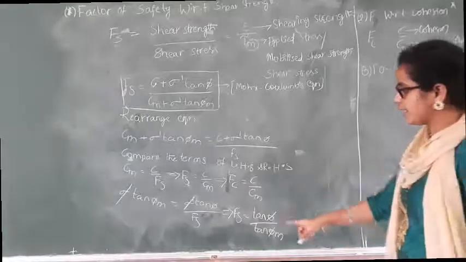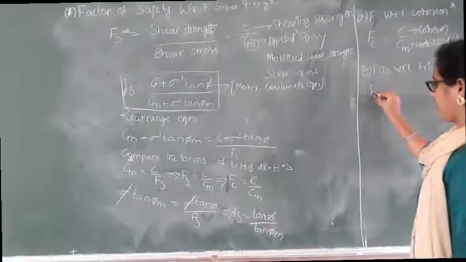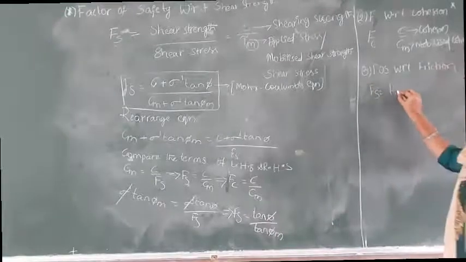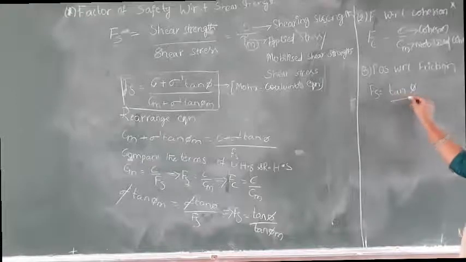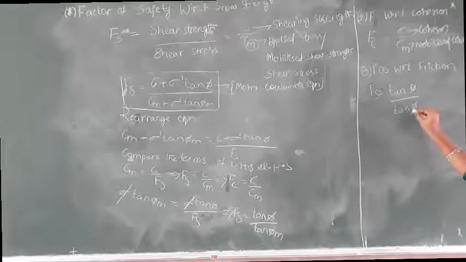So what do we get here? Fs is equal to tan phi by tan phi m.